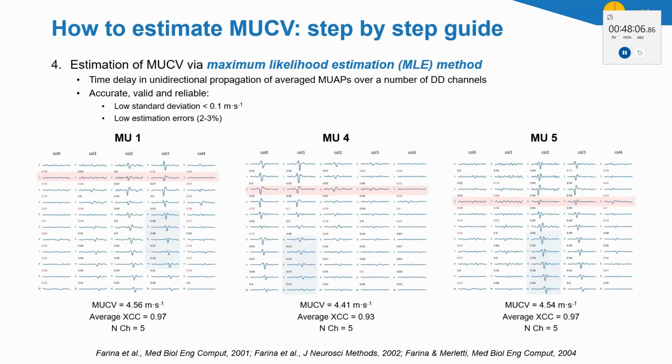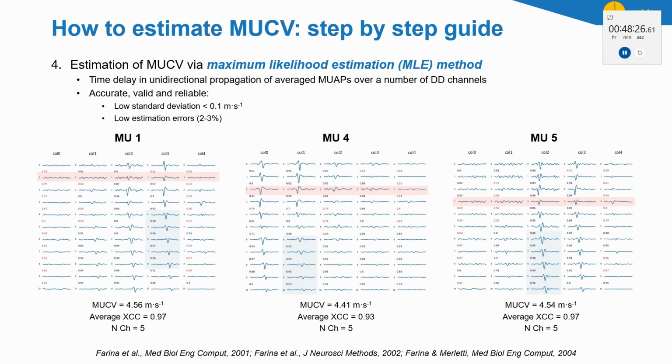Last step is the estimation of conduction velocity itself, which is done via the maximum likelihood estimation method. First of all, we have to be aware that several methods for estimating conduction velocity from surface EMG recordings have been developed over the last 30 years.